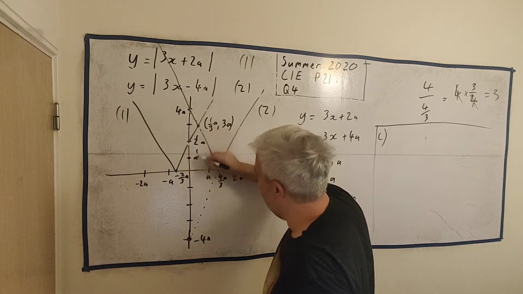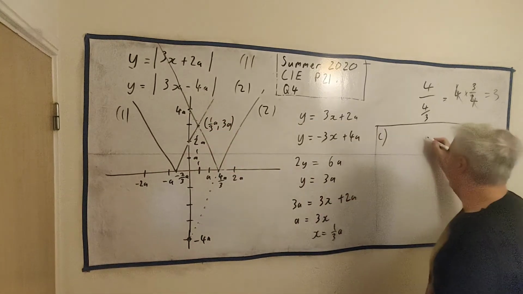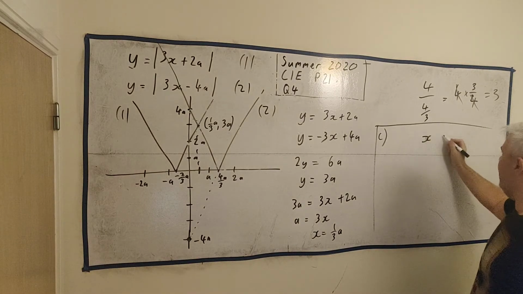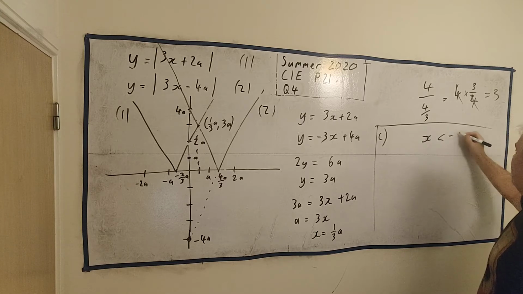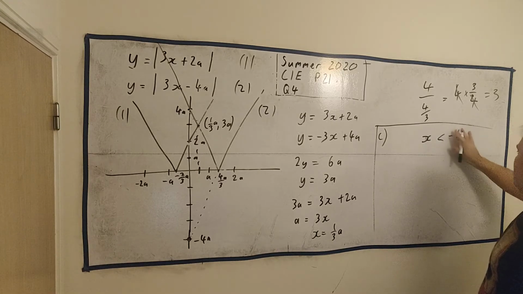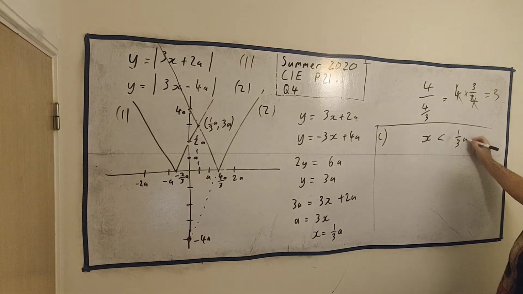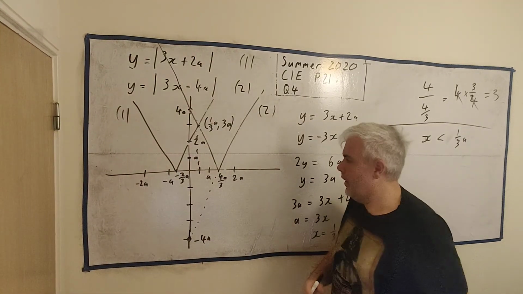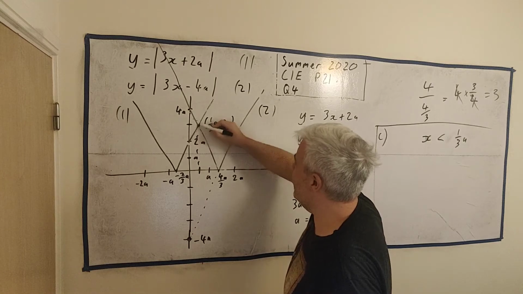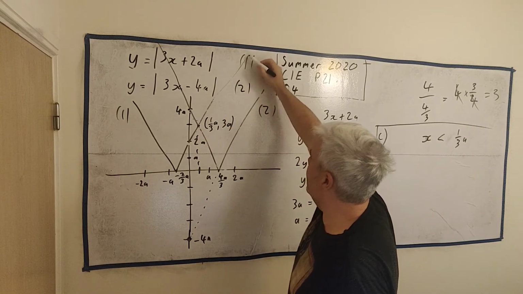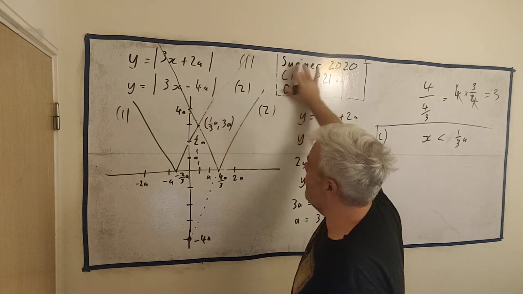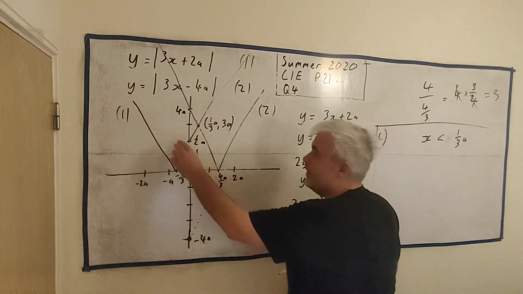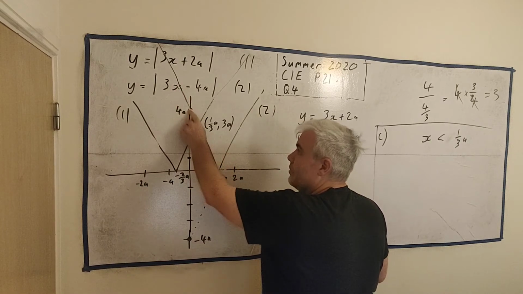Everywhere below this point, when x is smaller than 1 over 3a, that's true. And where else? Let's see. This is bigger, bigger, bigger. For the whole time, it's going to be bigger over there. So that's the answer. When is this one smaller than this one?